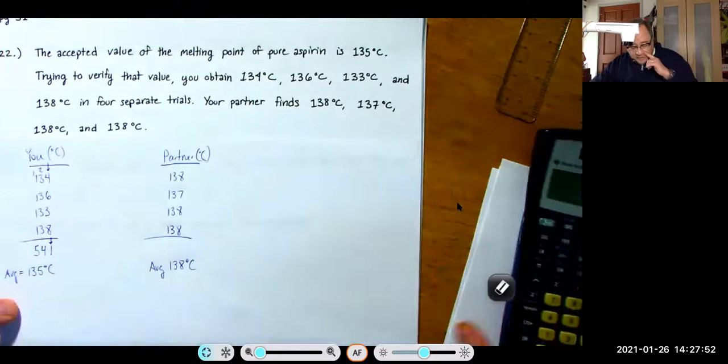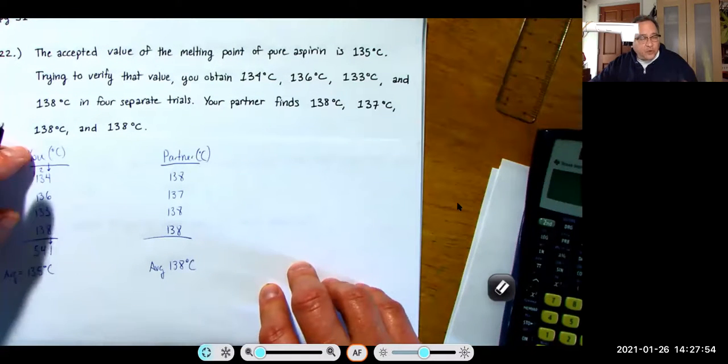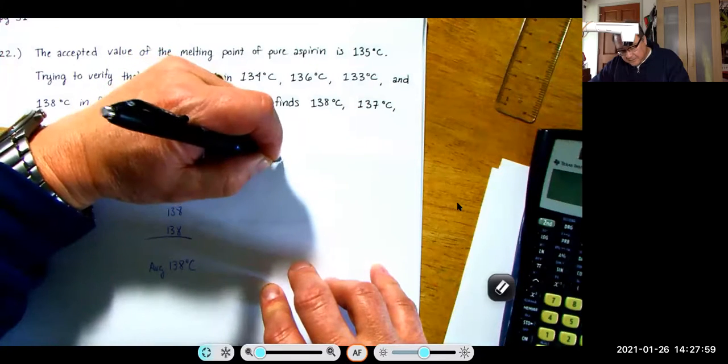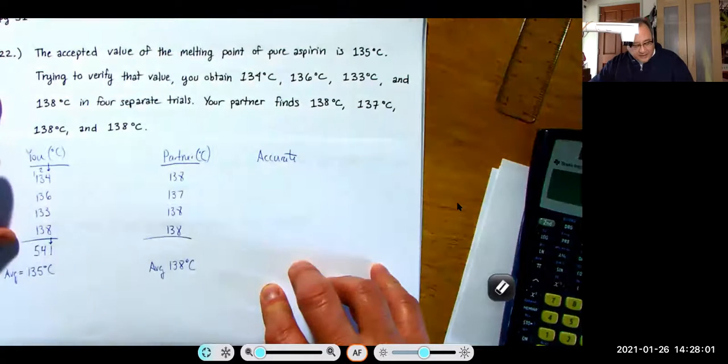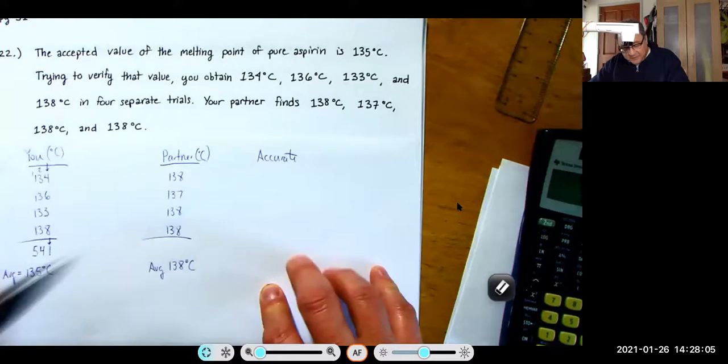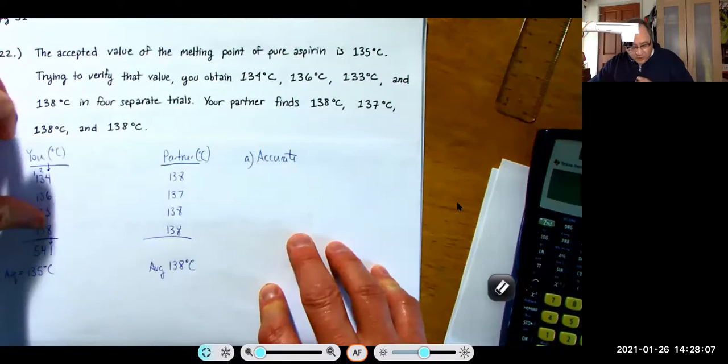Okay, now the first question is, who is more accurate? So that is A, calculate the average value and percent error. And who is more accurate?